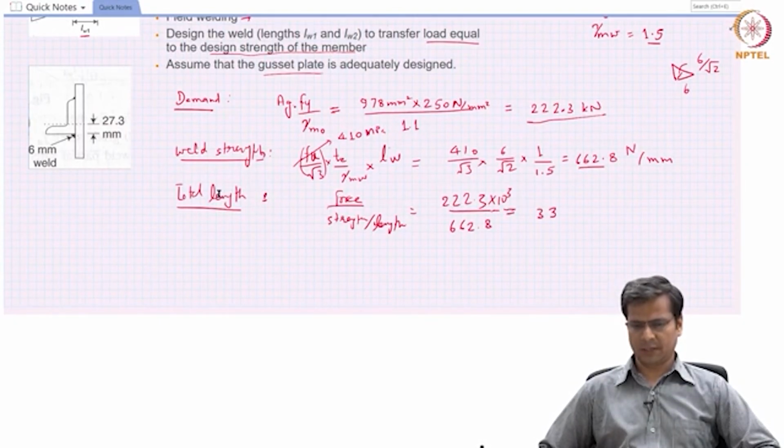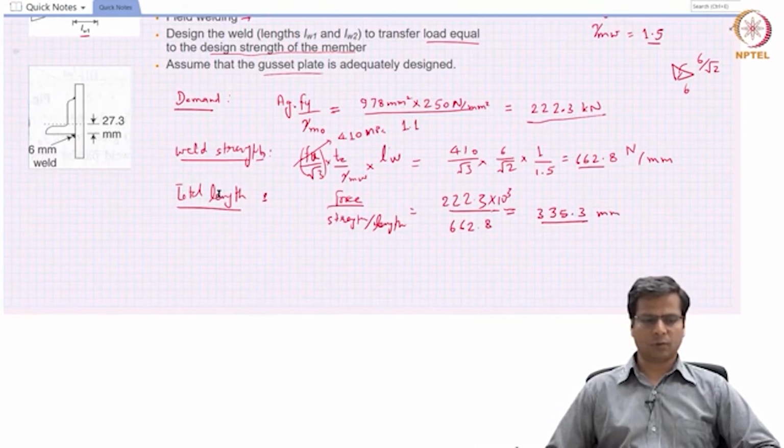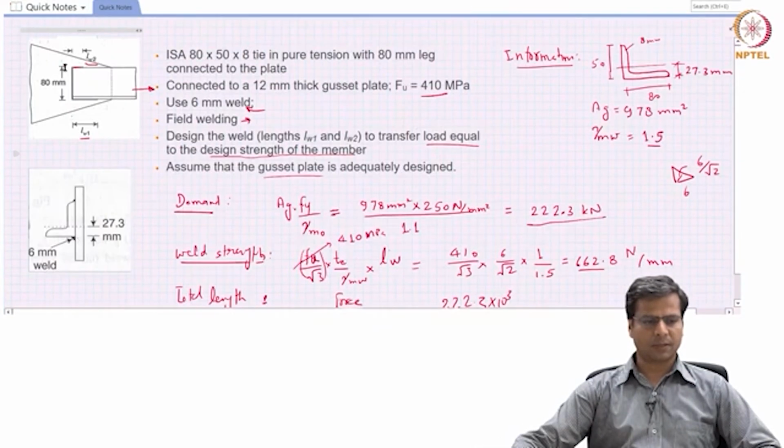This gives me a total required length of 335.3 millimeters. So this is the total weld length, which has three parts, L2, AT and L1, right?